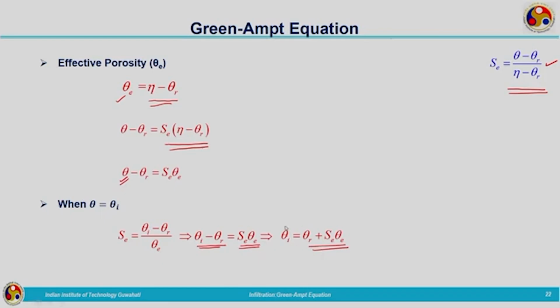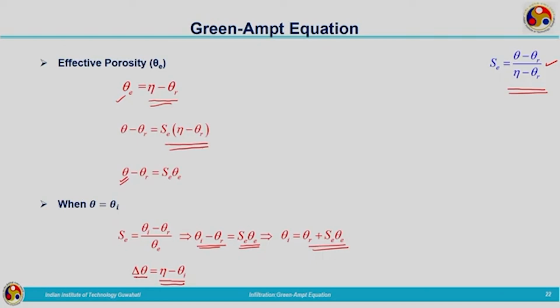Now, we had a term delta theta, the soil moisture deficit in the Green-Ampt equation. That is nothing but eta minus theta I. This delta theta we substituted for eta minus theta I when we were deriving the continuity equation.